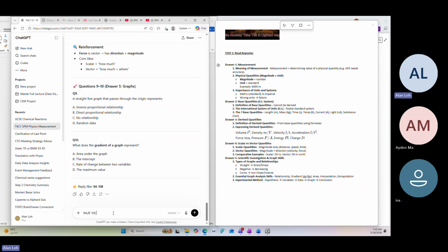What is the difference between inverse proportional and direct proportional? Inverse proportional means if there are two relationships, when you increase the value of one, the other decreases.